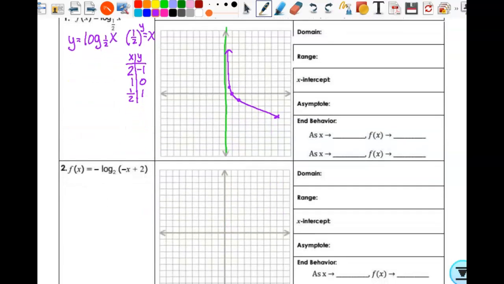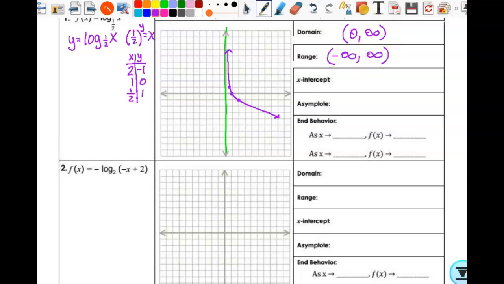All right, so my domain, where does the domain start? 0, and it goes to infinity, right? My range starts where? -infinity and goes to infinity. Good.